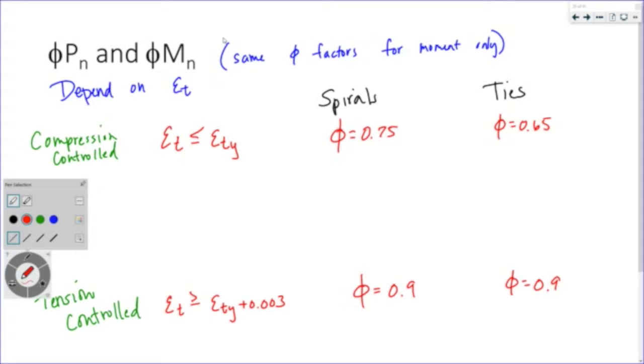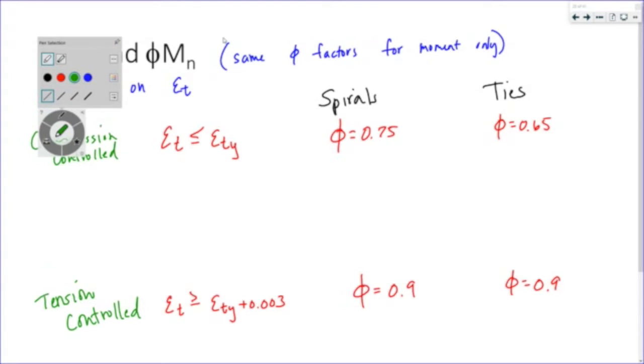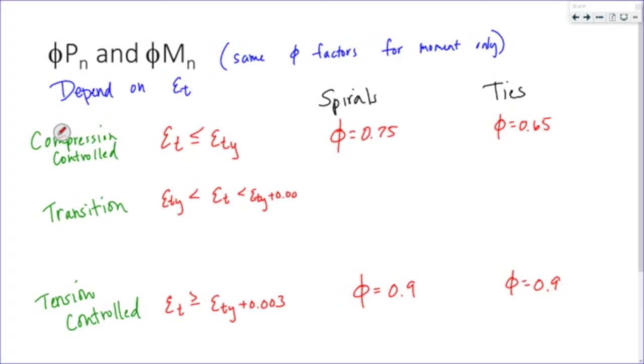What do we have if we don't have either of those situations? If we're between yield and yield plus 0.003, we're in transition. And then you get to use the lovely interpolation equations.